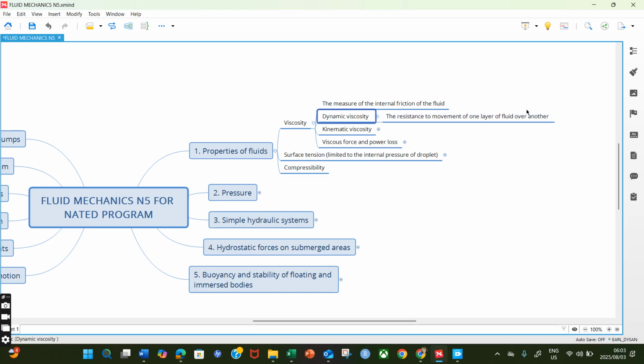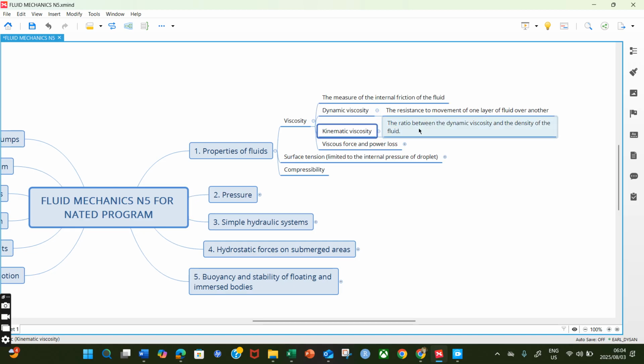As fluid flows, the different layers of the fluid slide over each other. So that is the dynamic viscosity. Meanwhile, the kinematic viscosity is the ratio between the dynamic viscosity and the density of the fluid.